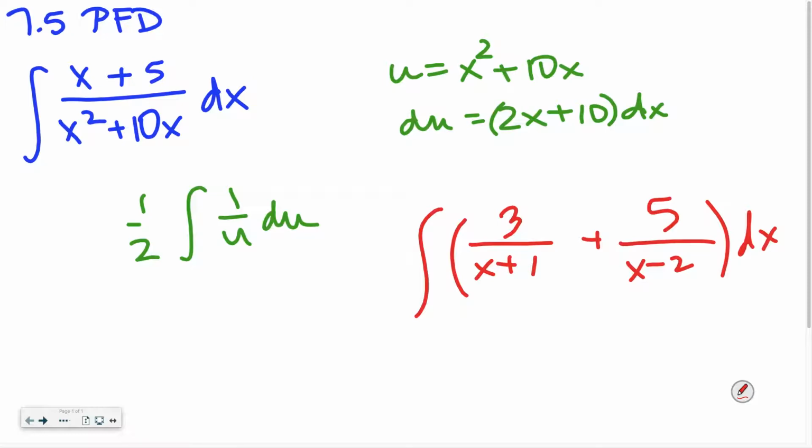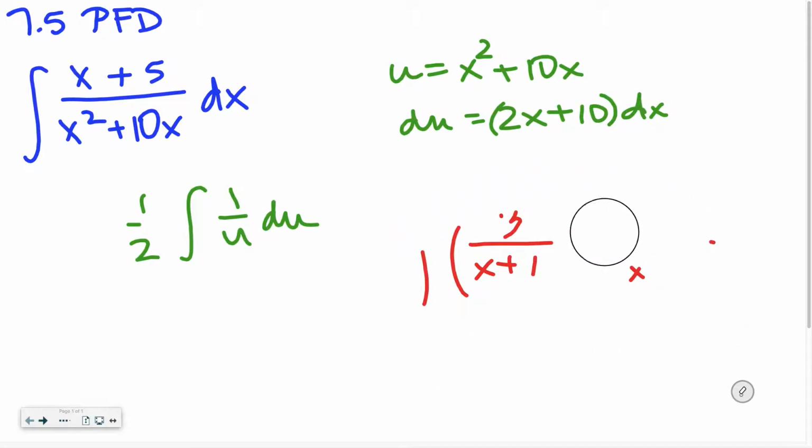Yes. 3 natural log of the absolute value of x plus 1 plus 5 natural log of the absolute value of x minus 2. Boom, easy. So what partial fraction decomposition allows us to do is take a fraction and break it up as the sum of multiple fractions.